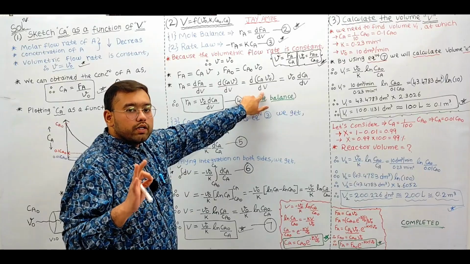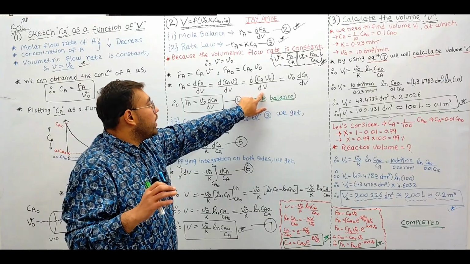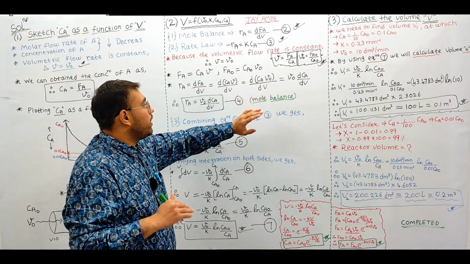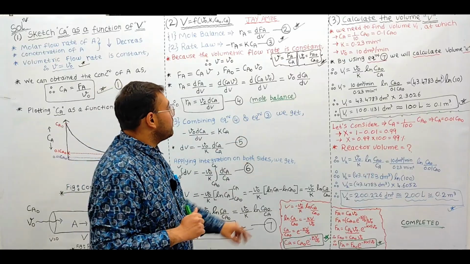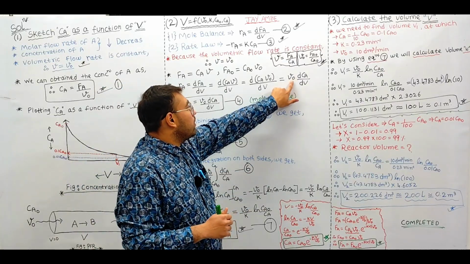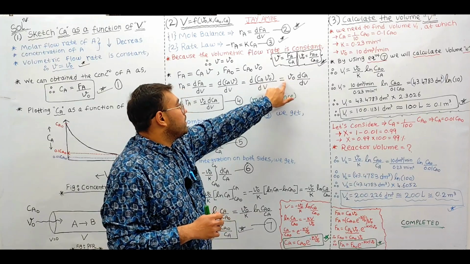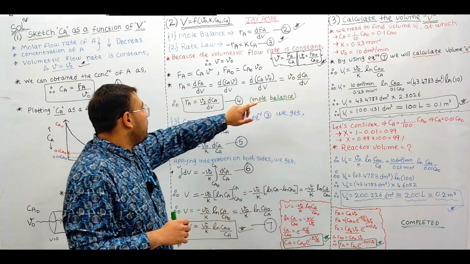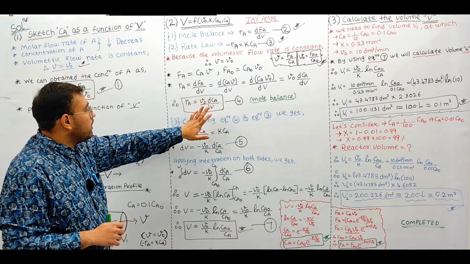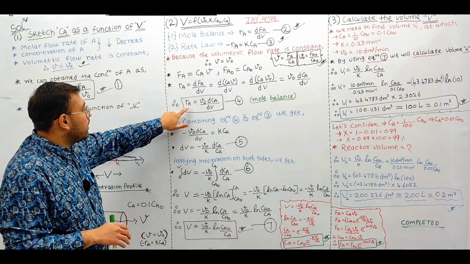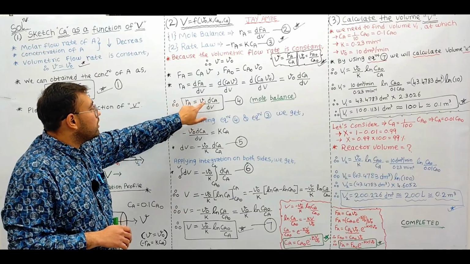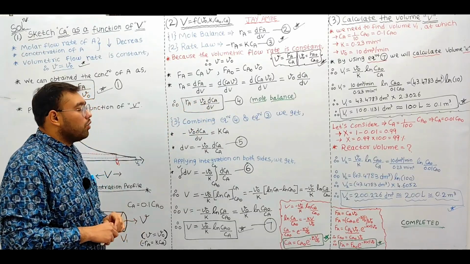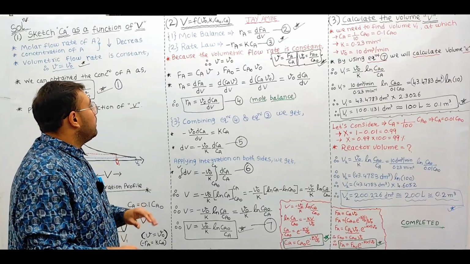Since the volumetric flow rate is constant, we can take nu naught out of the differentiation, so we get nu naught into dCA by dV. From here we get the mole balance of the plug flow reactor as Ra is equal to nu naught dCA by dV. I hope up to here it is clear, right?